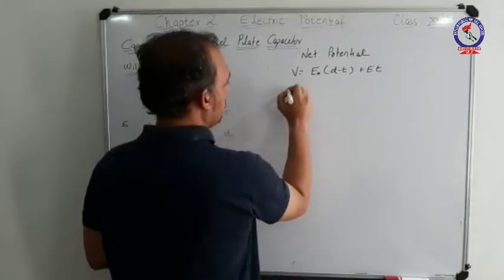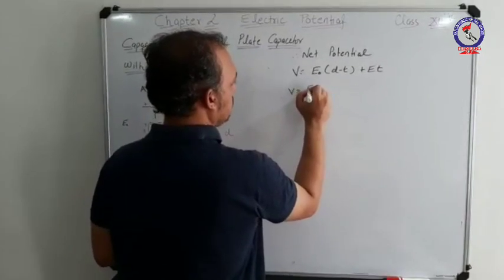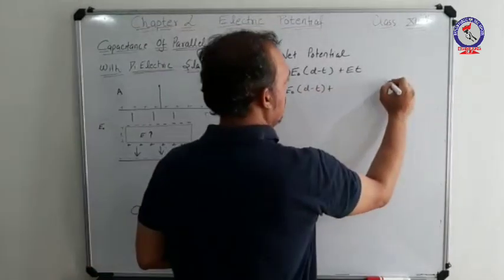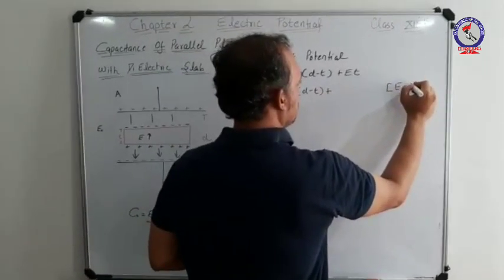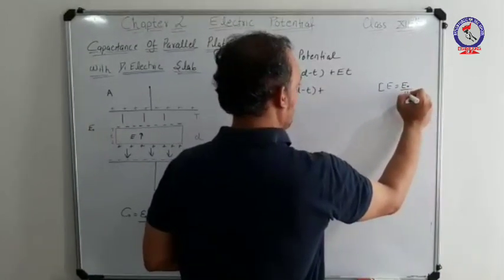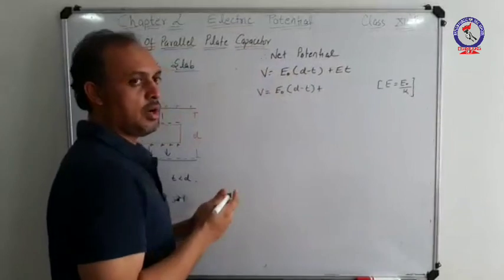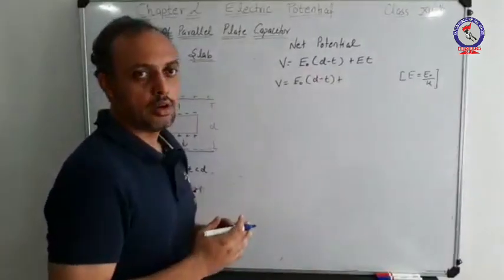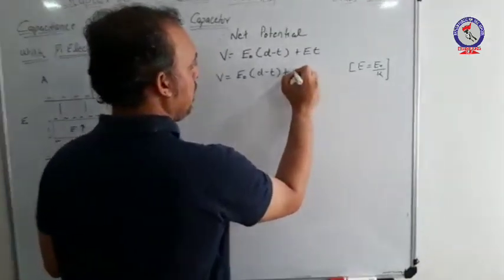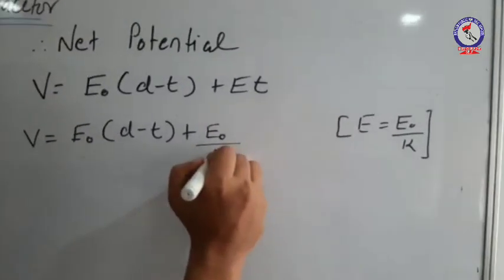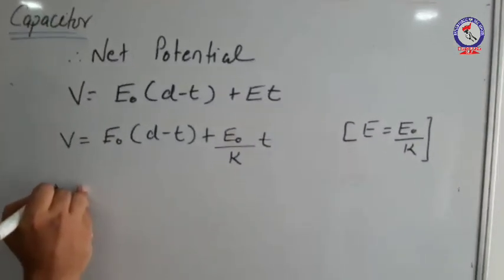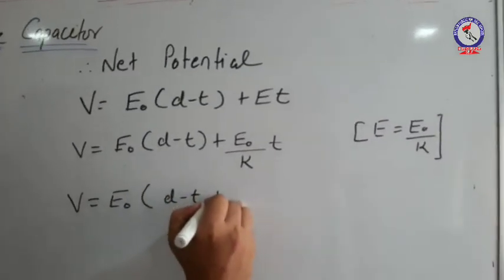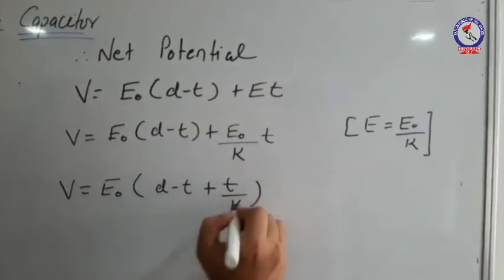Simplifying this expression, V equals E0 (d minus t) plus, since E equals E0 upon K, as we had already studied in the previous section how it is related to the dielectric constant. Substituting the value E0 by K into t, simplifying, V equals E0 (d minus t plus t upon K).